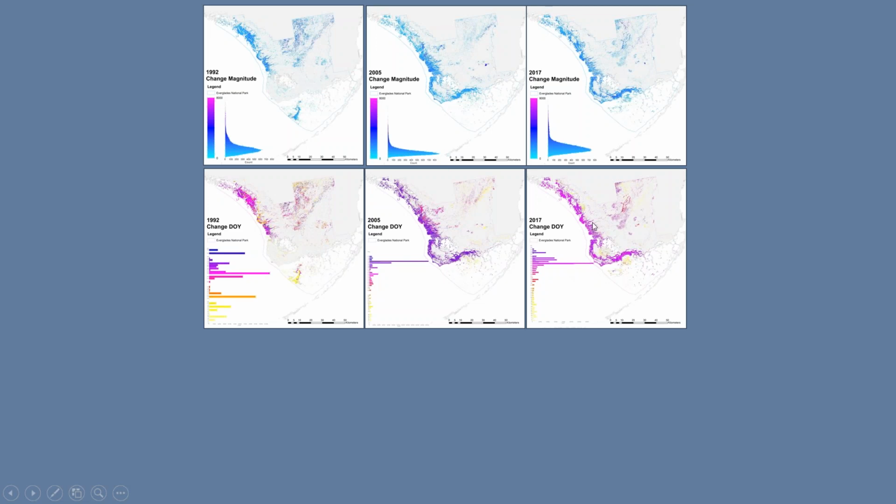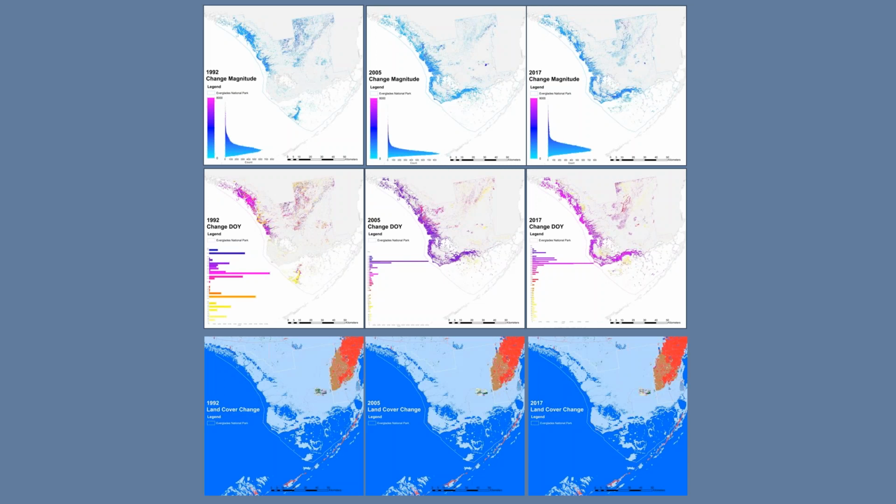And the extent of the damage is shown here, and then change magnitude also shows the same that are identified in change day of year, but it's a measure of the amount of change at that spectral break between two models. And what I want to point out is that this did not result in a land cover change.